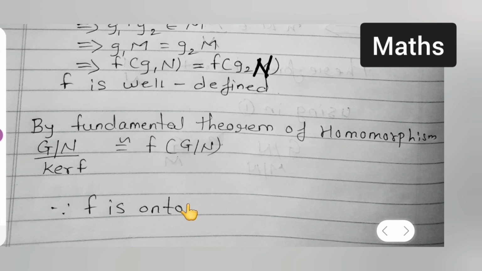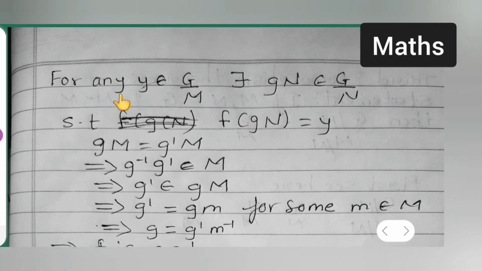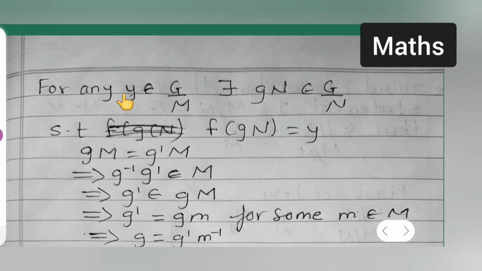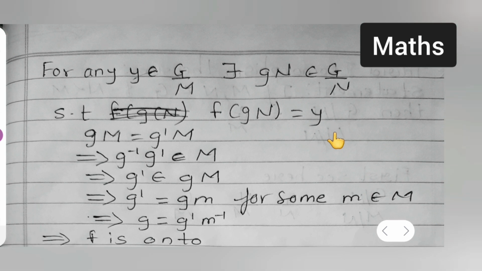So let us show that f is onto. For that, what is the statement? For any y belonging to G/M, there exists gN belonging to G/N such that f(gN) is equal to y. Taking this, we have to prove that f is onto.